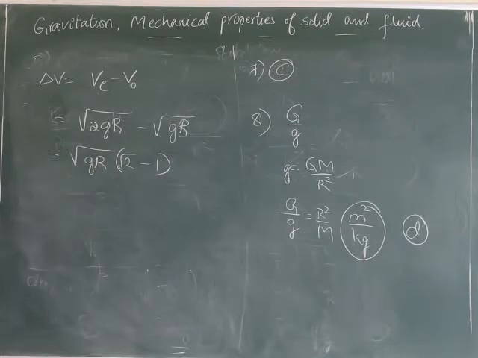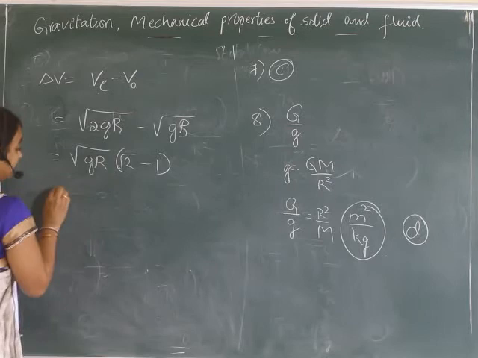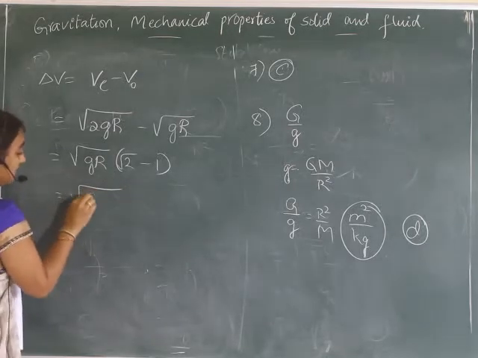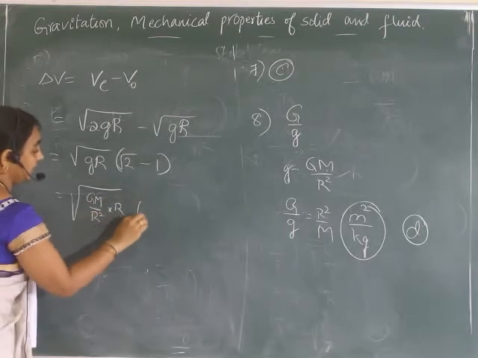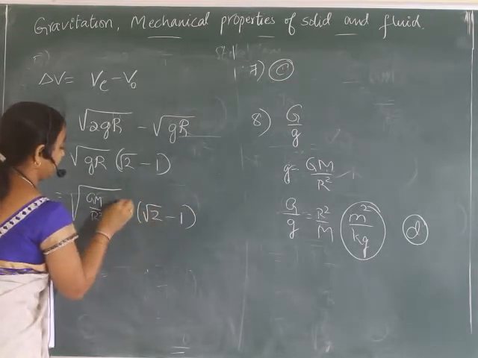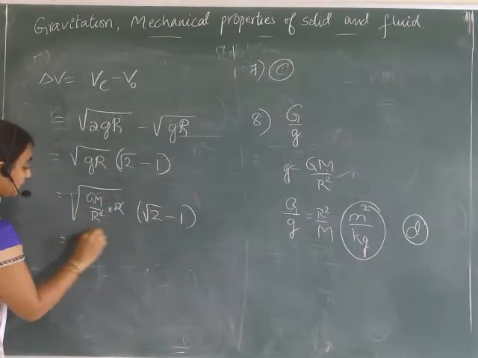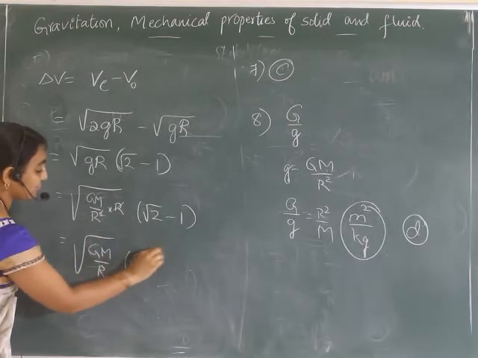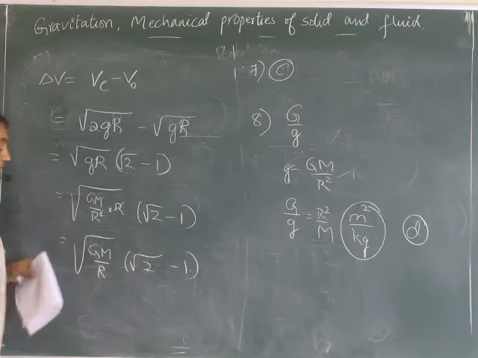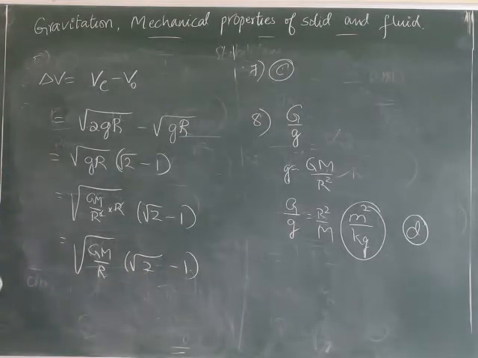Is there any expression for that? No. But we know g is equal to GM by r square, so square root of GM by r into root 2 minus 1. Option A.